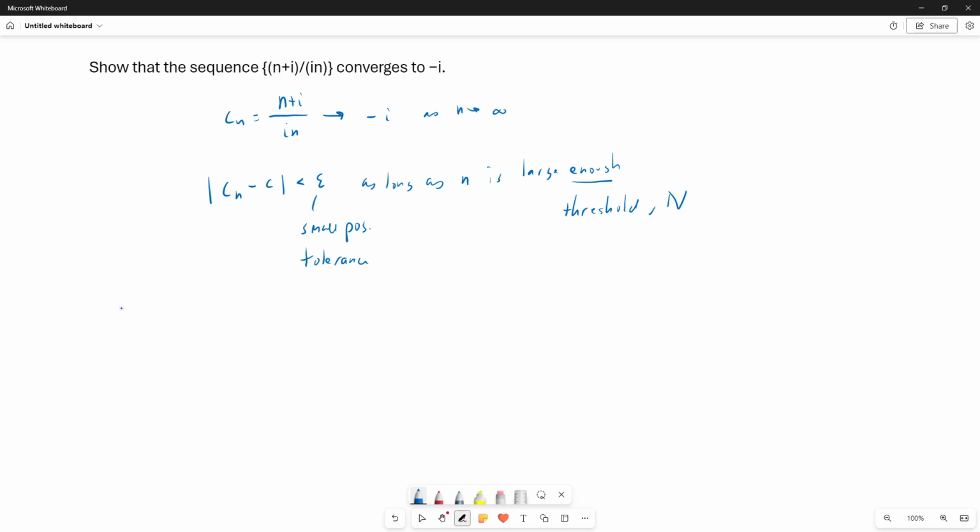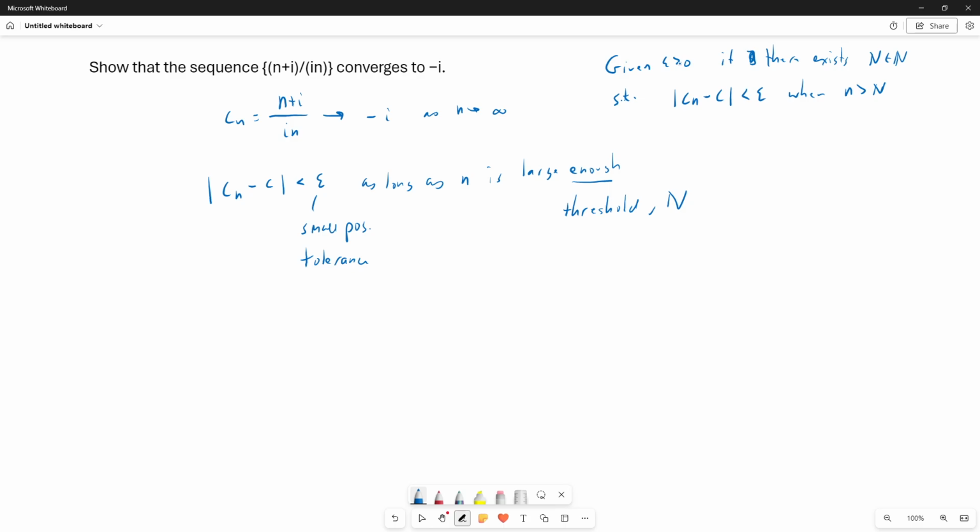So the definition says, given an epsilon greater than 0, there exists a natural number N, so we have a tolerance given, and there exists a threshold such that the difference between the sequence and the limit will be less than the tolerance whenever the index is beyond the threshold.